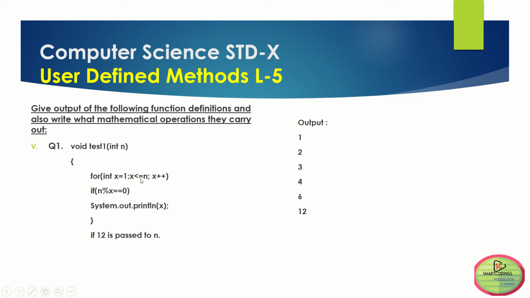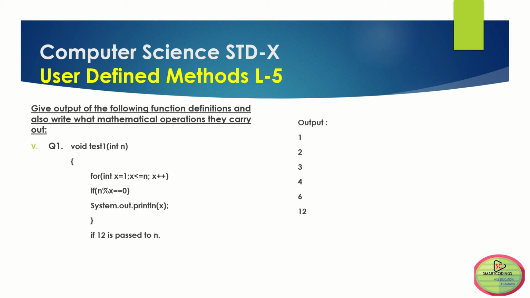If 12 is passed to n, starting from 1, it will iterate till 12, because 12 is passed to n as said in the question. Now we have to check here if it is completely divisible or not. Modulus 0 means the remainder will be 0. If the remainder is 0, that means 12 is divisible by 1 completely. So it will print what? 1. Next, x plus plus means the value of x will increase.